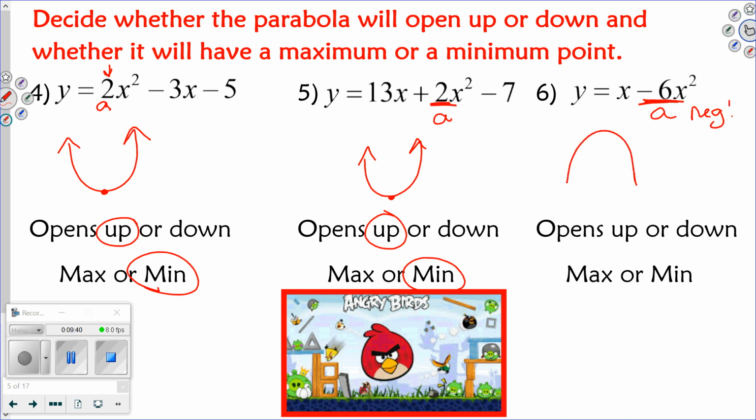So it's going to open down. It's sad, right? It's negative, it's sad. Sad face. So it opens down, and it has a maximum point, because now my vertex is the highest point on my graph. So sometimes just that visual helps you realize whether it's a max or a min, right? Questions there? No?